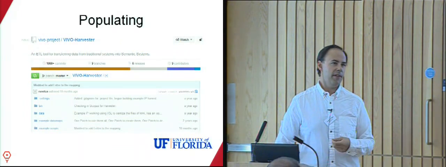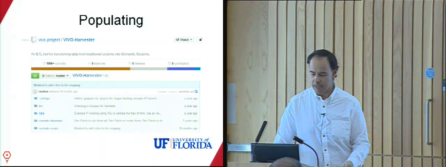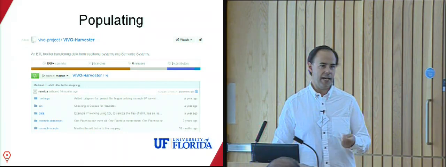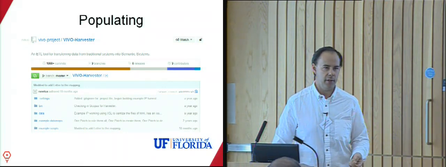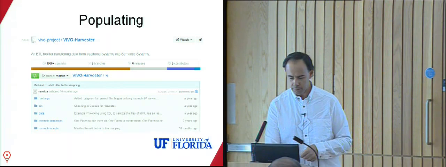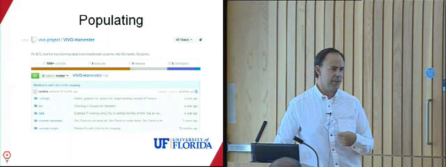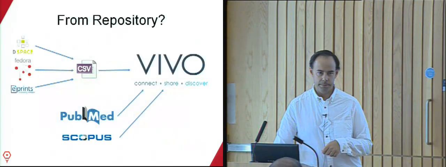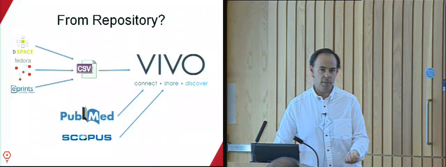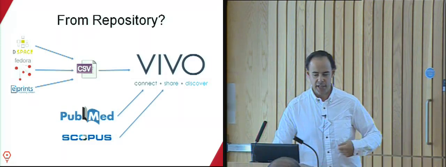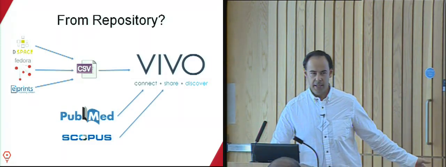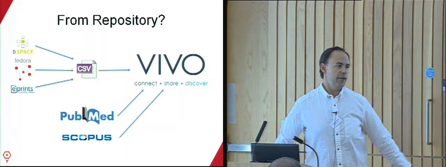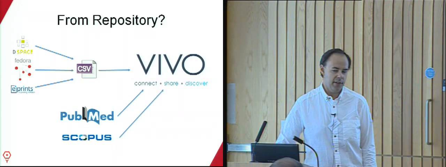So the problem is, how do you populate the system? They have a harvester mechanism to take data from various sources, with example scripts for taking data from CSVs, PubMed and Scopus. You could populate it from your repository by exporting to CSV and pulling it into VIVO, but your repository is only a partial view of your research. It's generally only the material you've already made open access, where you have full text.